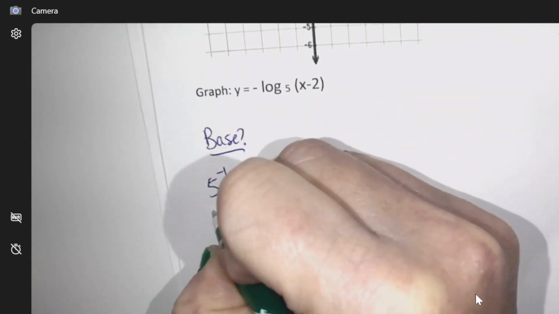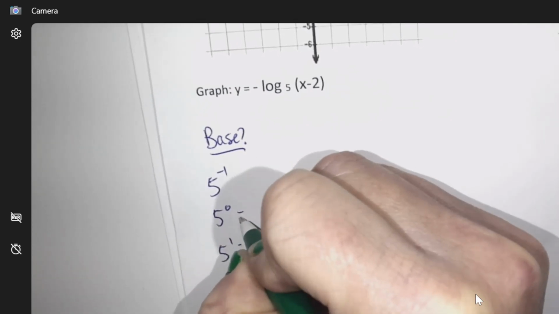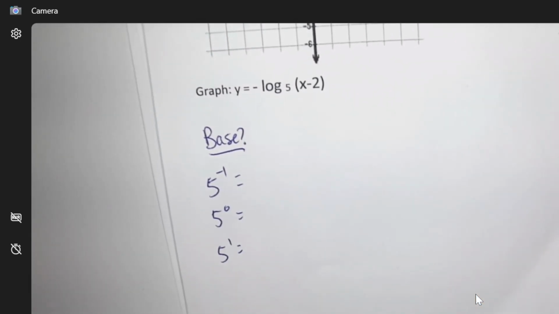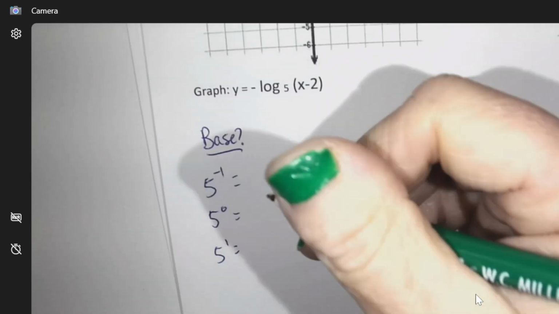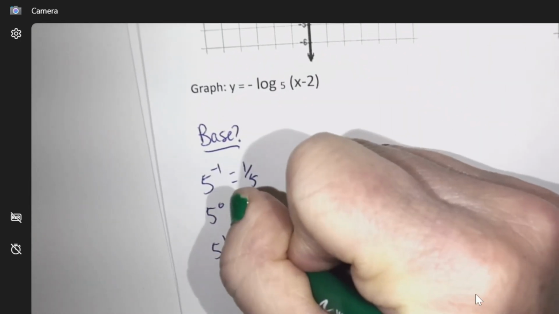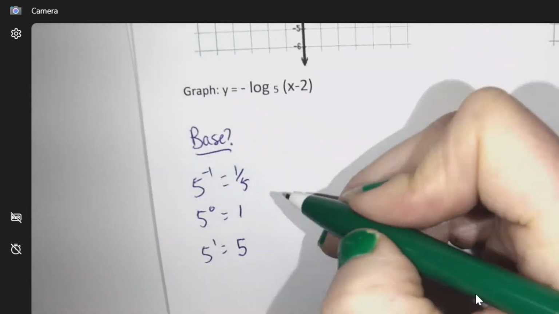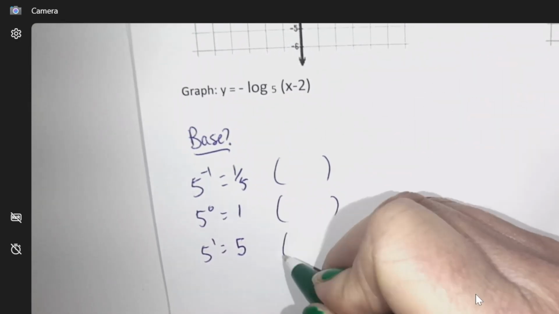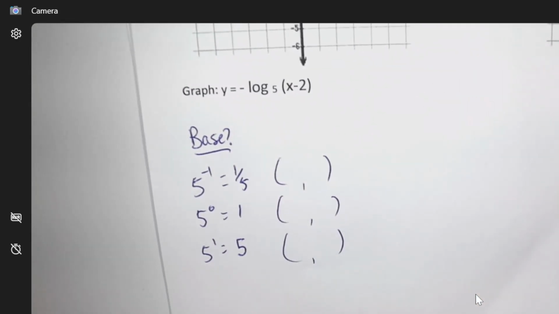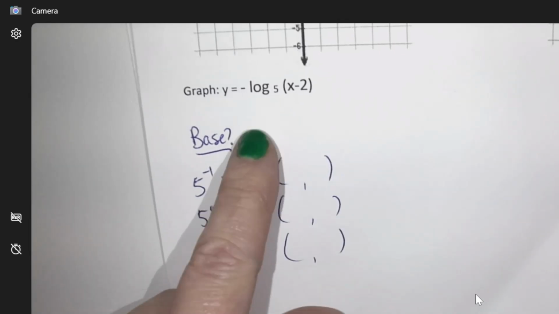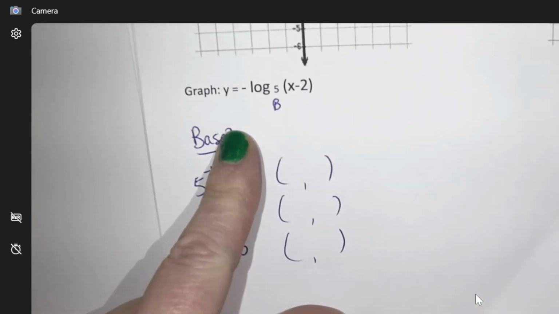So what do you do? You run 5 through the cycle. So 5 to the negative 1, 0, and 1.